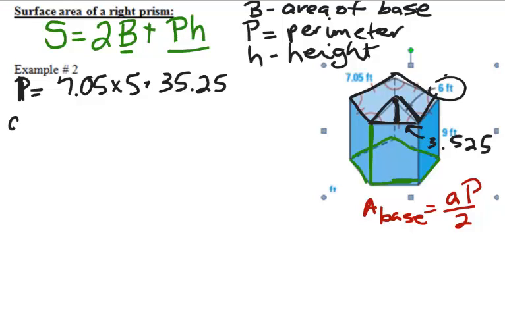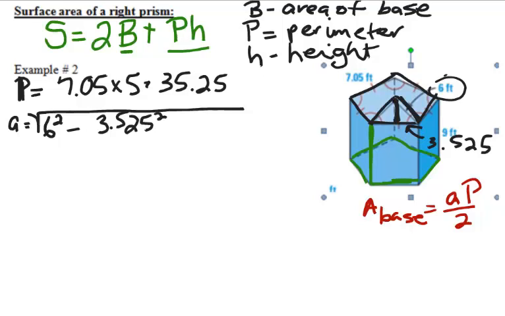So my apothem is going to be the square root of, since the 6 is the hypotenuse of that right triangle, 6 squared minus 3.525 squared. And that's approximately 4.86. Okay, and so that's my apothem, 4.86.